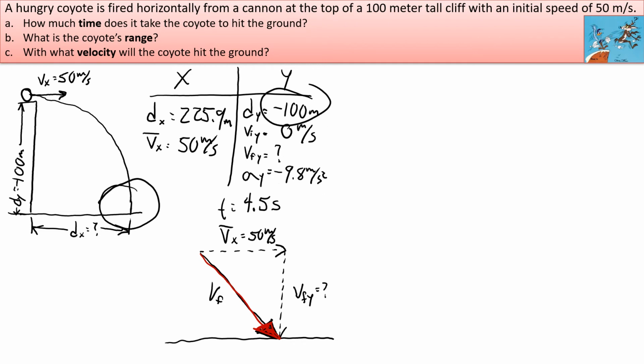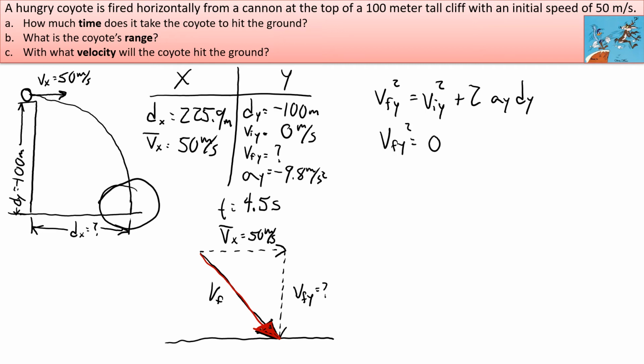So if we want an equation without time in it, we're going to have to use VF squared is equal to VI squared plus 2AD. So this is the y side of things, and we're looking for VFY squared is equal to, the initial is just 0, so that's convenient, that's going to go away, plus 2 times negative 9.8 times negative 100.